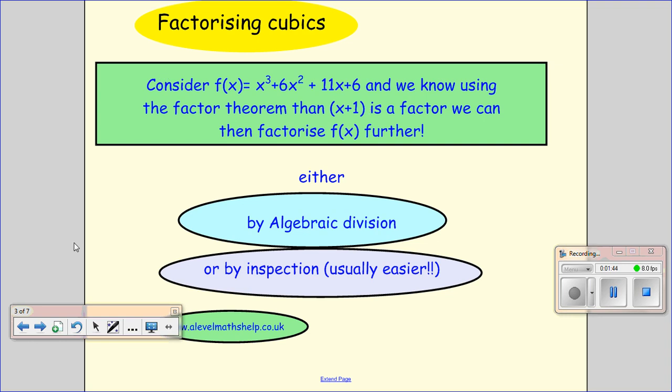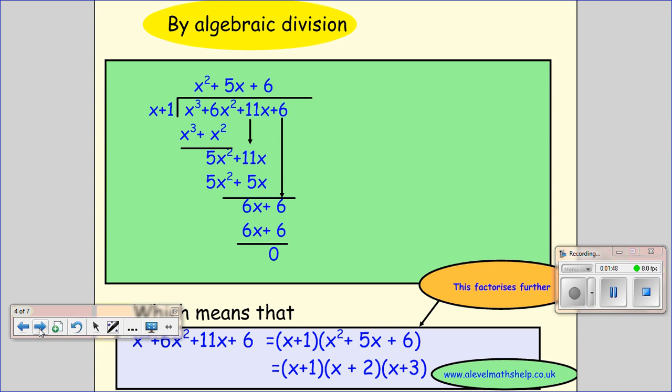Okay, so first of all, just so we remind ourselves of algebraic division, I've done this by algebraic division. So we have said that x plus 1 is a factor of our number. So that means that x plus 1 divides exactly into this number, and what you would have left over would be another factor of this.